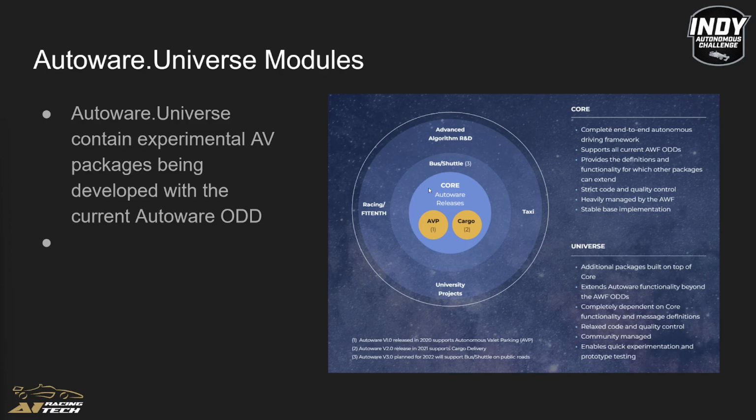So Universe contains all the experimental AV packages that are currently being developed with the Autoware ODD. And once these things are stable, they get moved into the Autoware Core, which Autoware has actually just recently announced that they will be moving some of the autonomous bus ODD packages into the Autoware Core repository.